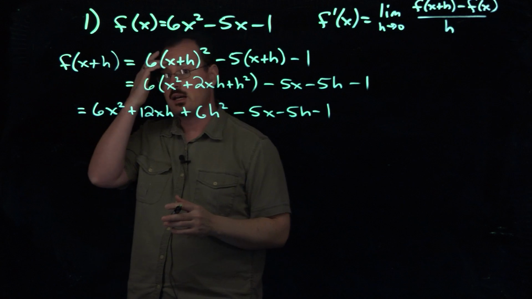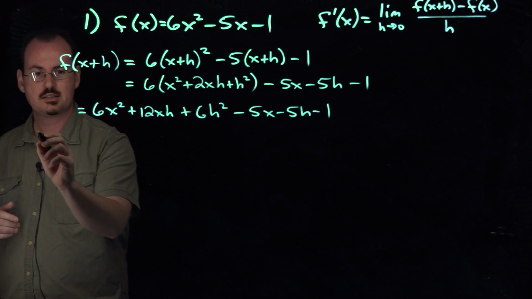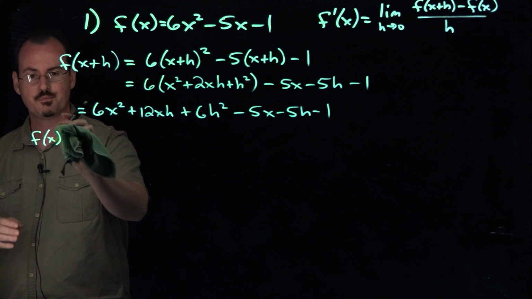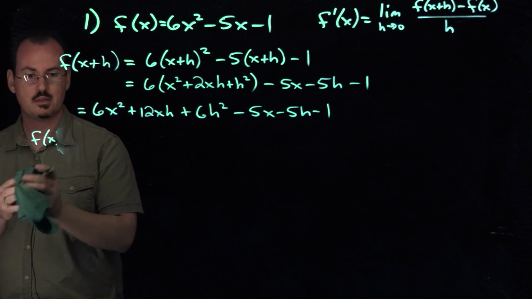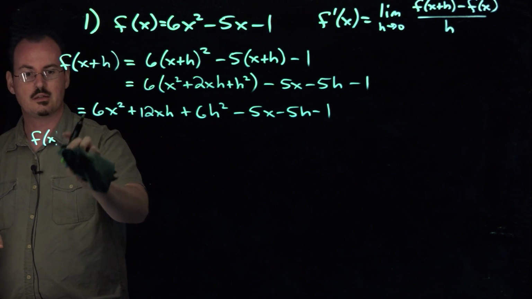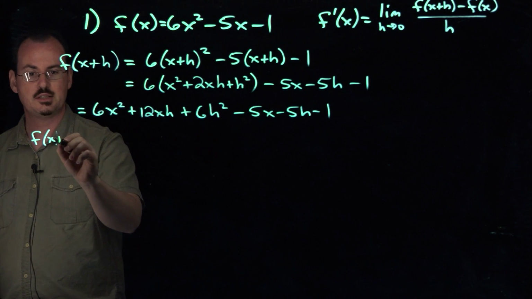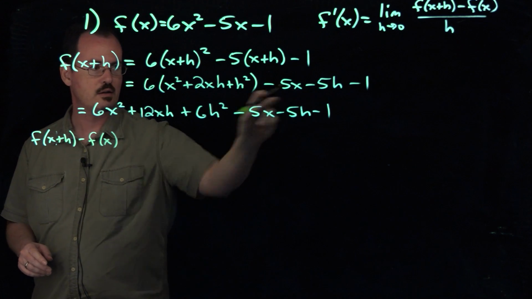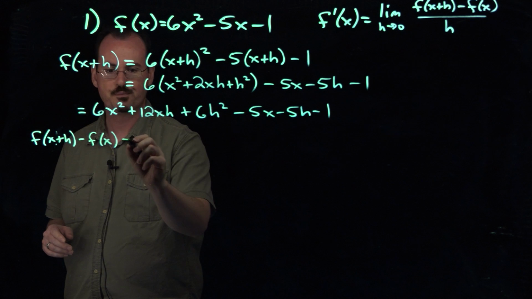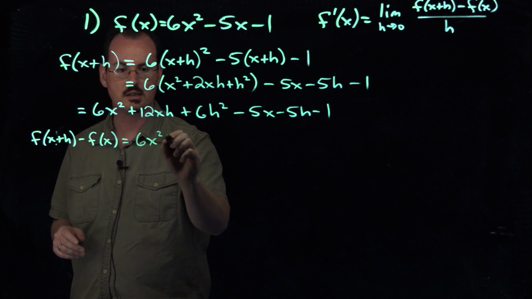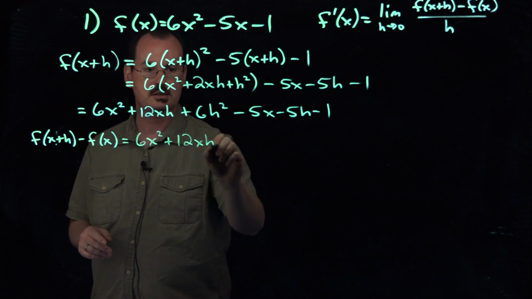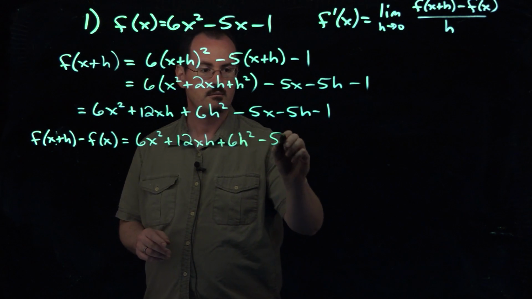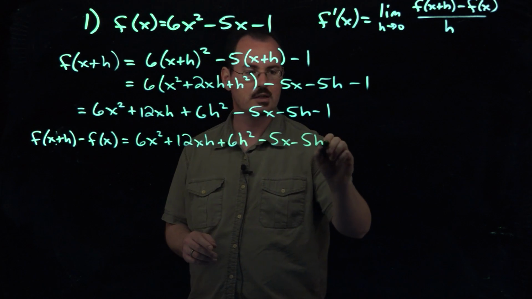Now we want to do f of x plus h minus f of x. So next step is take what we just found, f of x plus h minus f of x. We just found that all of that is f of x plus h, so we'll just write it again: 6x squared, 12xh, 6h squared, minus 5x, minus 5h, minus 1.